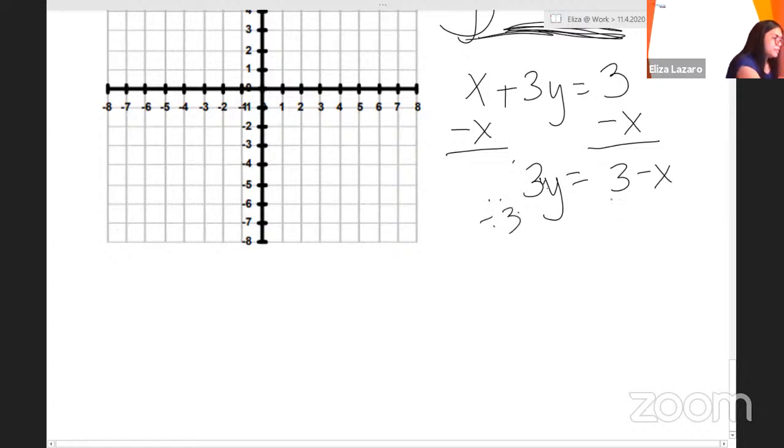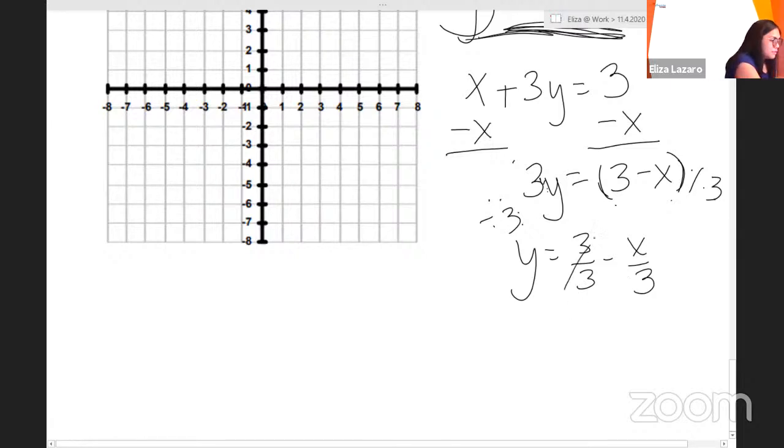And then I'm going to divide this whole side by 3. So I'm left with y on this side because we just undid this multiplication. And then I'm going to divide this by 3. And to divide this by 3 is really going to be in parentheses. We have to divide both of those by 3. So it's really going to be 3 over 3 minus x over 3.